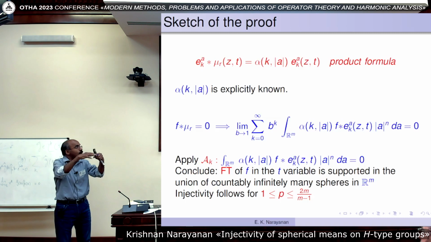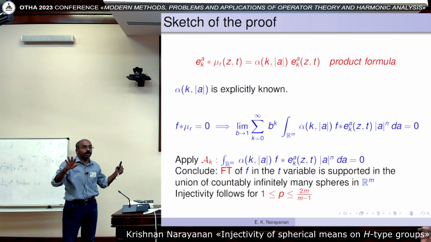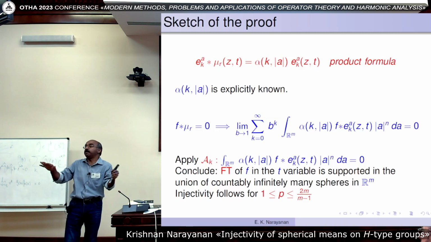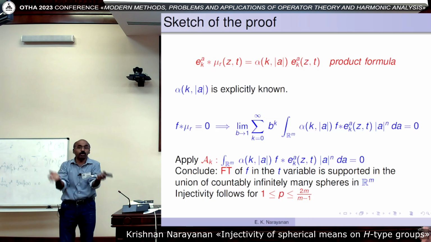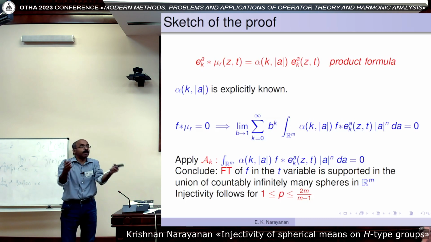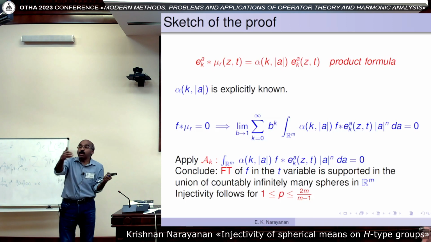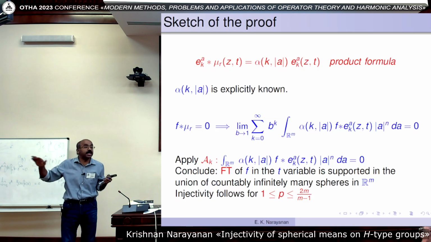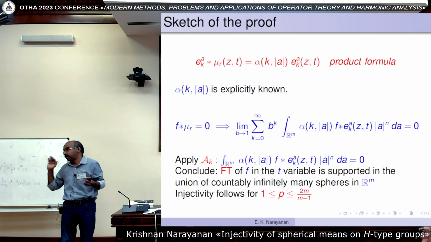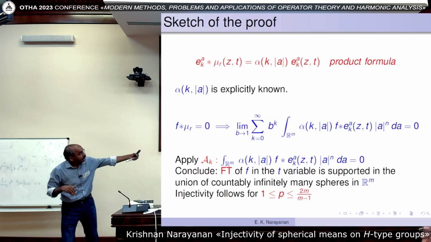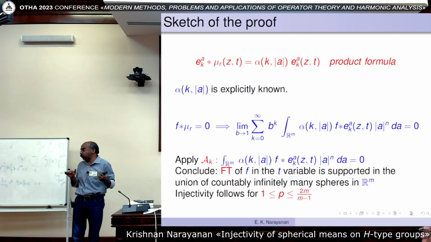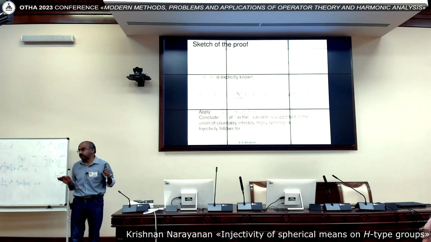So I have a function on R^m in L^p whose Fourier transform is supported on spheres. Then the maximum it can be in is 2m/(m-1). It can have at most decay like the Bessel function, you can't have more. So if your function comes from L^p for p less than or equal to 2m/(m-1), then it has to be 0. So that is how injectivity is proved.